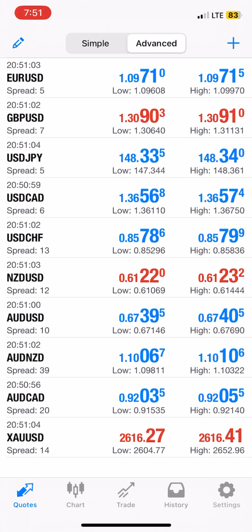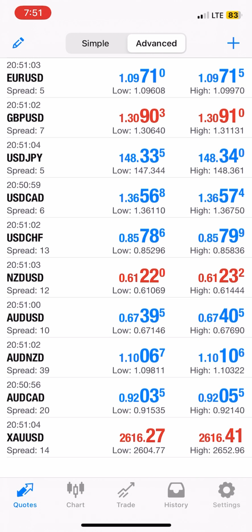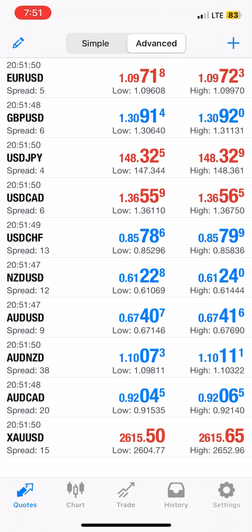There are mainly three different kinds of lot sizes. They include standard lots, which contain 100,000 units of the base currency, and are usually written as 1.00 on your MetaTrader 4 application.